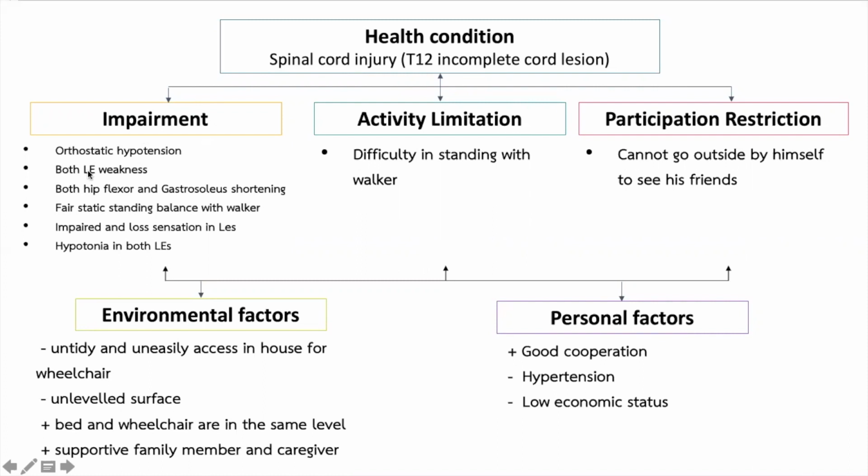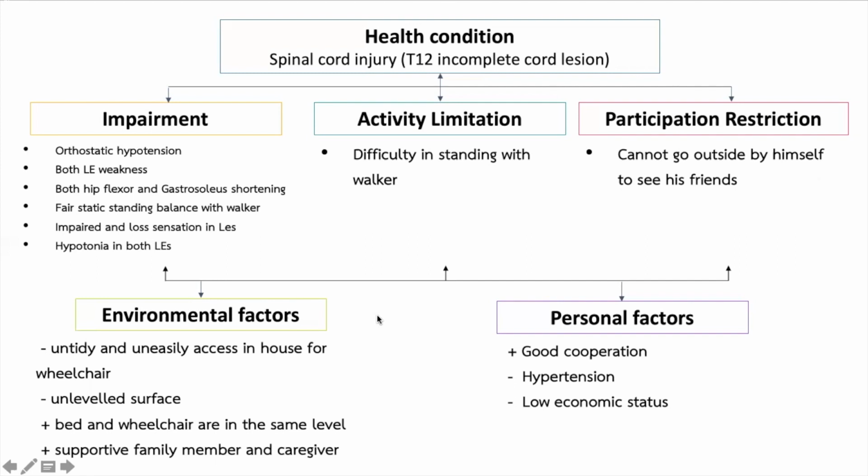Then there is both lower extremity weakness, both hip flexor and gastrocnemius shortening, poor static standing balance with walker, lost sensation in the lower extremities, and hypertonia in both lower extremities. About the activity limitation, he has difficulty standing with a walker. A participation restriction is that he cannot go outside by himself to see his friends.